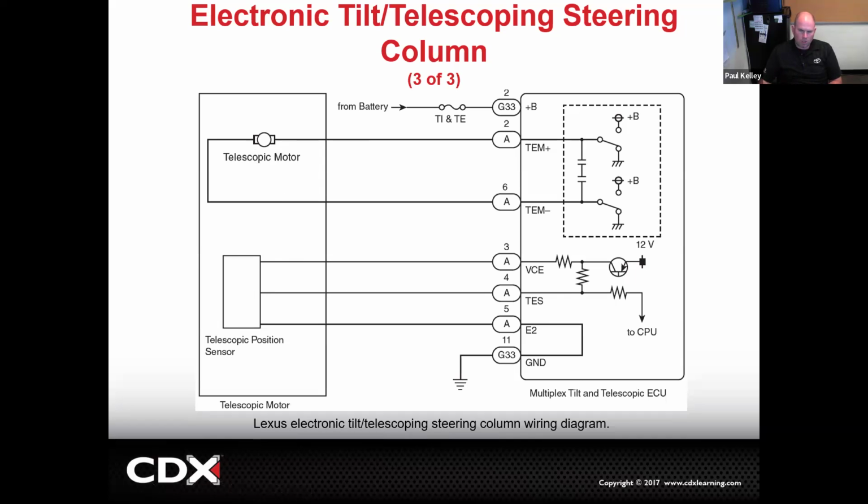Or if they want to go the other way, it can give 12 volts to the opposite side and ground to the opposite side. That'll move it in the other direction, and this sensor should show the change, the movement, the position.